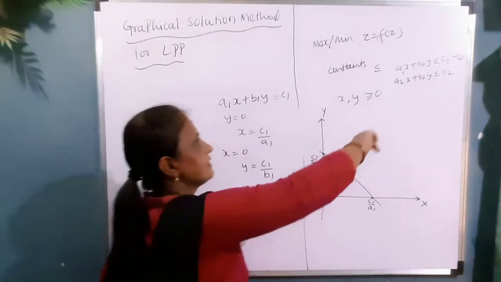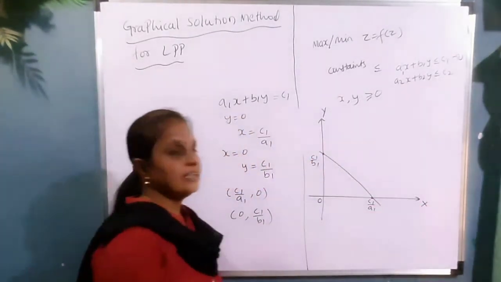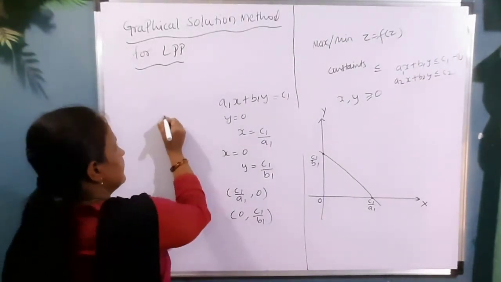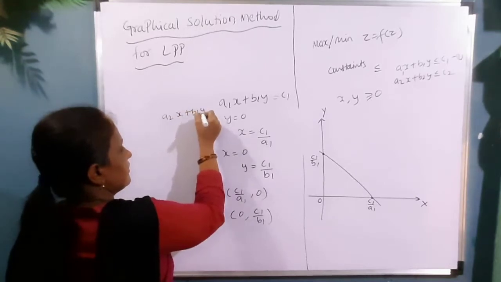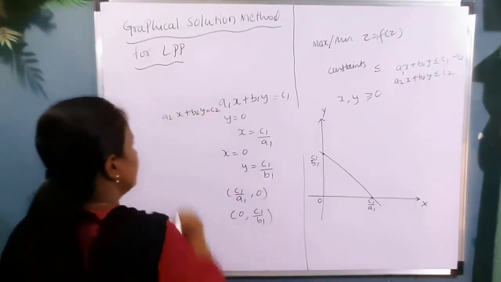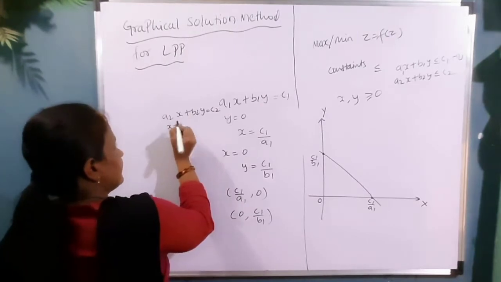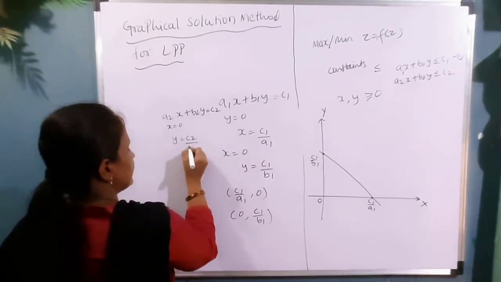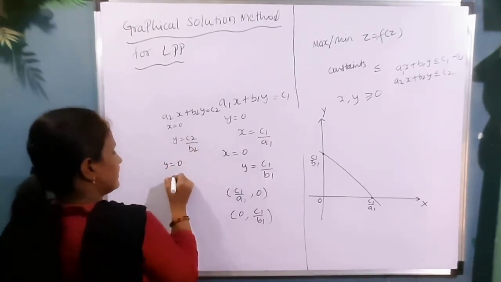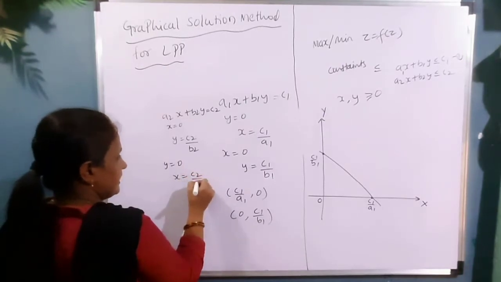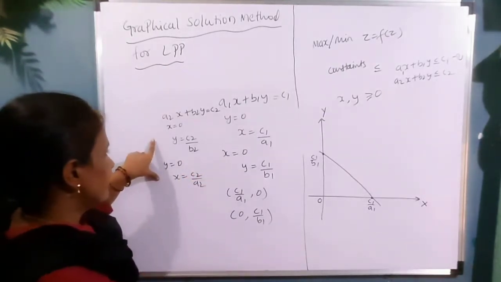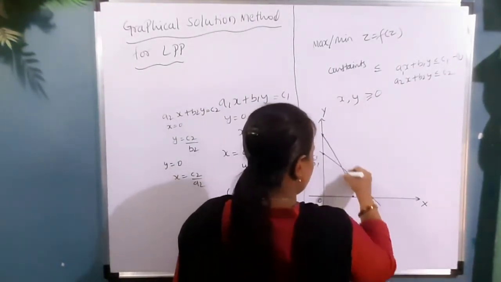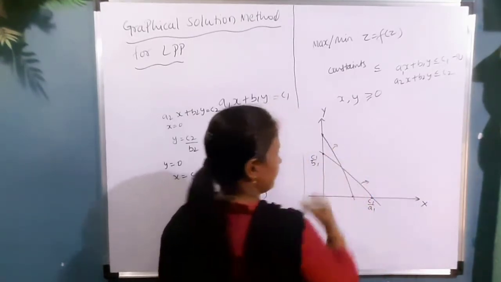Next we take the second equation, a2x plus b2y less than or equal to c2. We take a2x plus b2y equal to c2. If we take x equal to 0, y equals c2 by b2, and y equal to 0 gives x equal to c2 by a2. So again we get 2 points, and we join them. This is the first straight line, this is the second straight line.